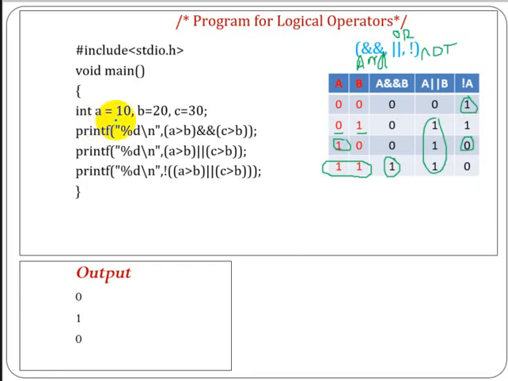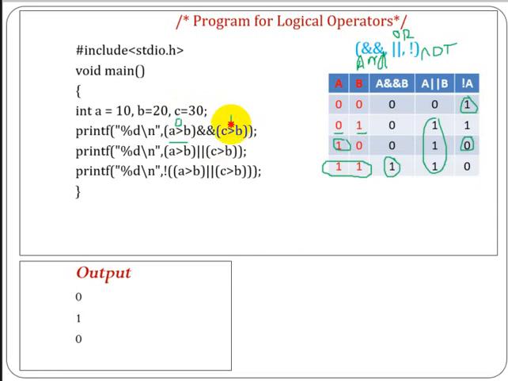So assume A is 10, B is 20, and C is 30. When you are doing a comparison, there are the relational operators. So what I'm doing is I'm trying to compare A and B first. A and B will be compared. Is A greater? No. So this will return 0. And what about C is greater than B? C is 30. 30 is greater than 20.